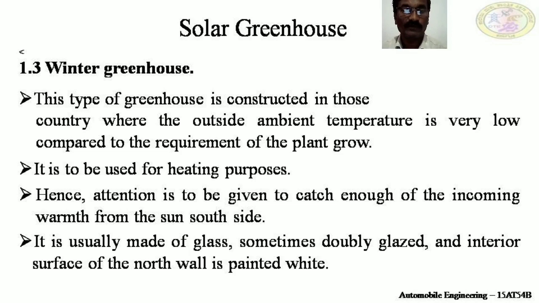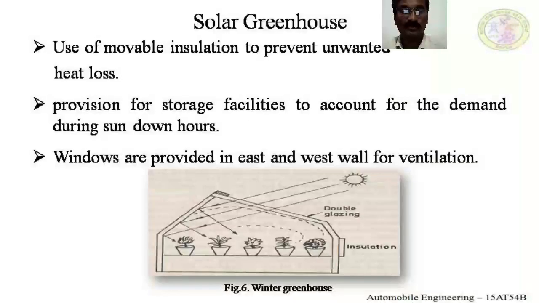It is to be used for heating purposes because that area is having so much cold, so the winter greenhouse system is used. Hence, attention is to be given to catching enough of the incoming warmth from the sun on the south side. It is usually made of glass, sometimes doubly glazed, and the interior surface of the north wall is painted white, as shown in the figures below.